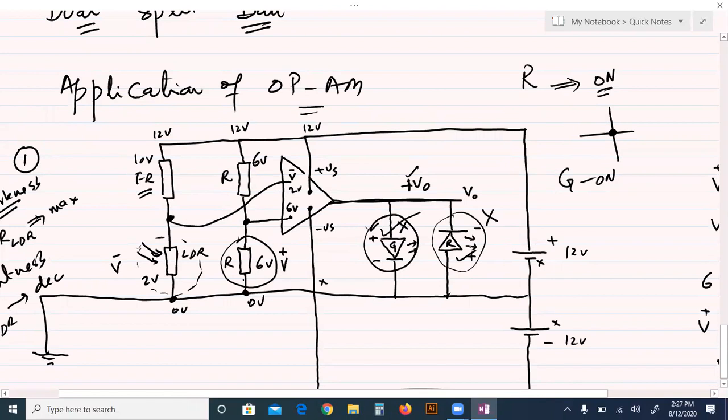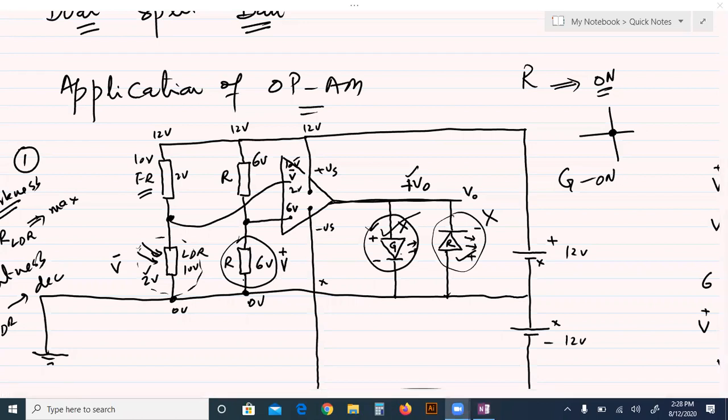So when there is darkness, here voltage was 10, here voltage was 2, so 10 volt here and 6 here, so 10 greater, so negative output, red goes on. But in the brightness, here voltage less, 2, here 10. So when it becomes 10, this non-inverting greater than inverting, so instead of red, green goes on.